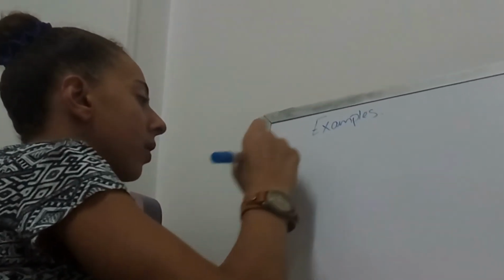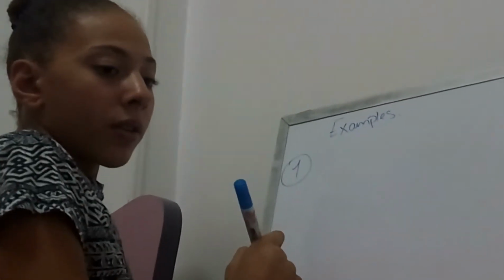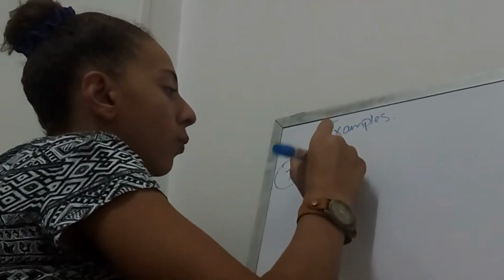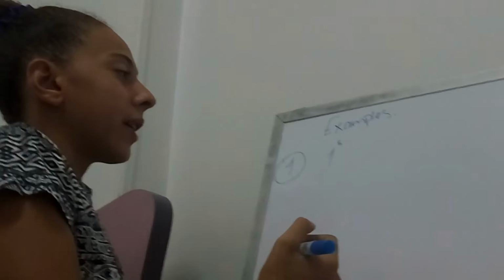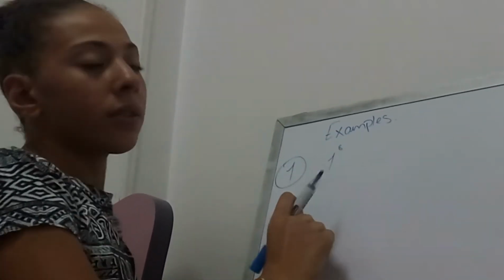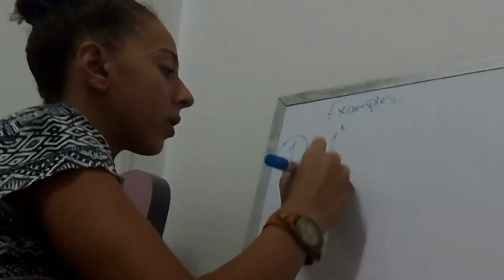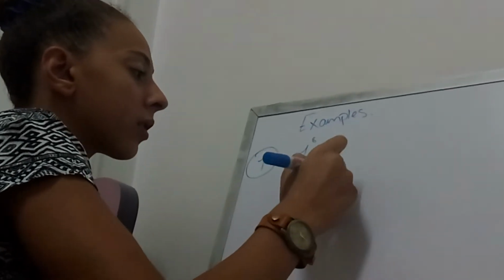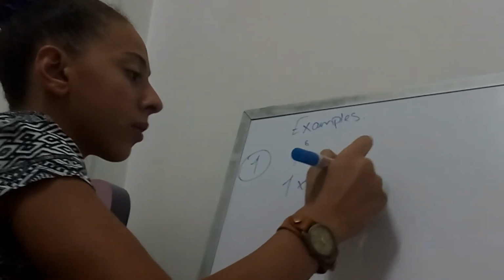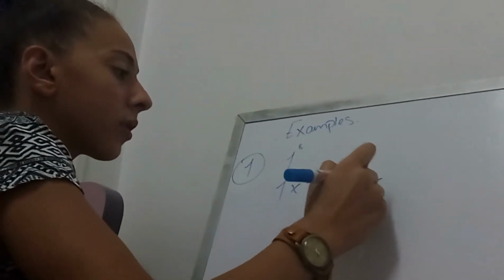Example 1. You have 1 power 8. Okay? So how do you solve it? You'll do 1 times 1 times 1 times 1, and so on.